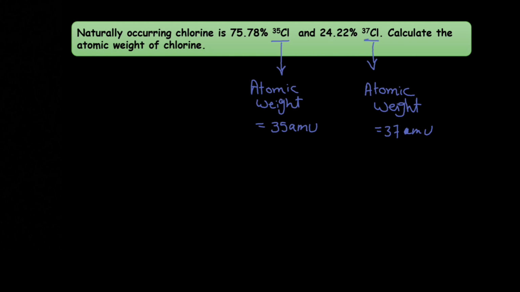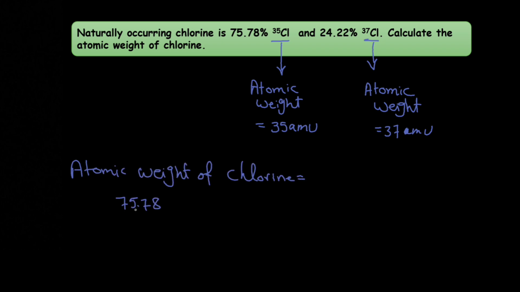We can calculate the atomic weight by multiplying the isotopic abundance of each isotope by its atomic mass and summing these products. So we have atomic weight equal to 0.7578 multiplied by 35 plus 0.2422 multiplied by 37 AMU.